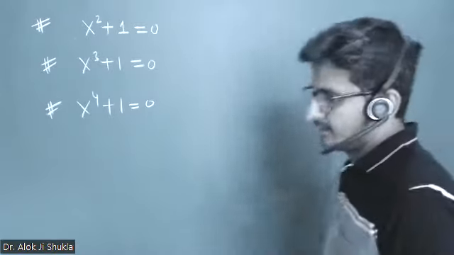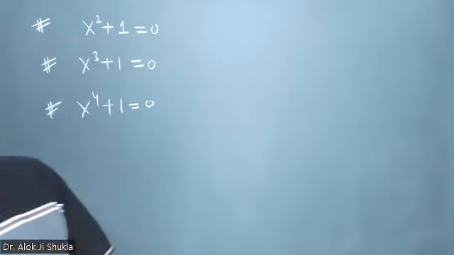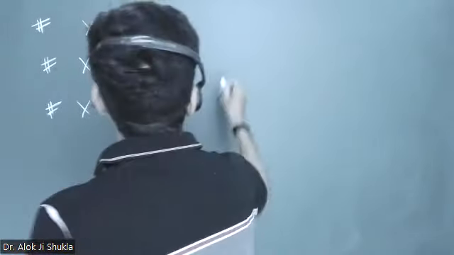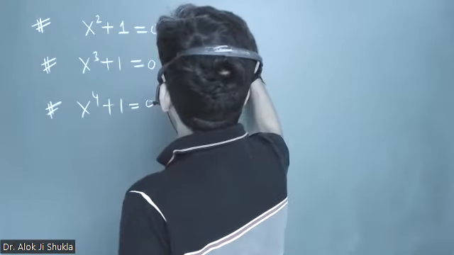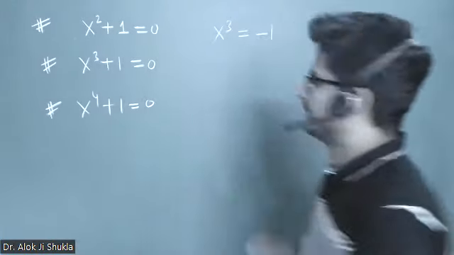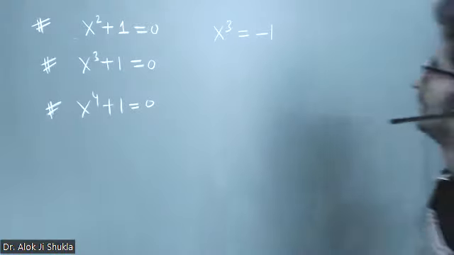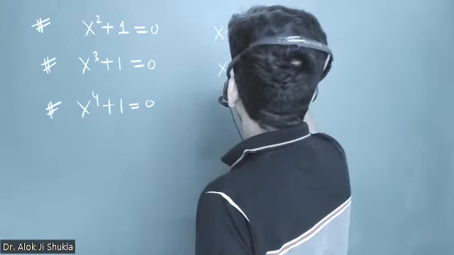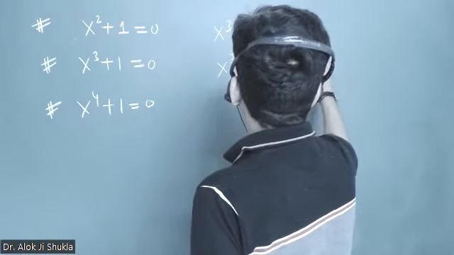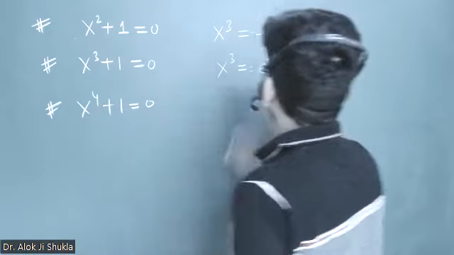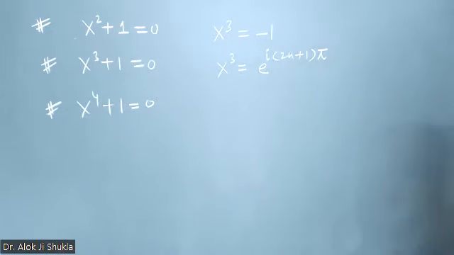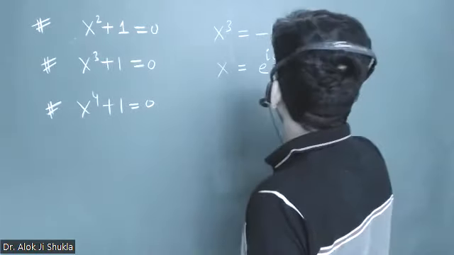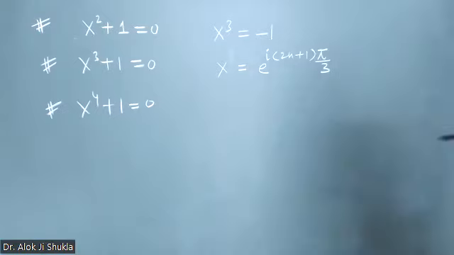Next one. Everybody try it in your copy. X cube is equal to minus 1. So x cube is equal to e to the power iota 2n plus 1 pi. So x is equal to e to the power iota 2n plus 1 pi by 3.